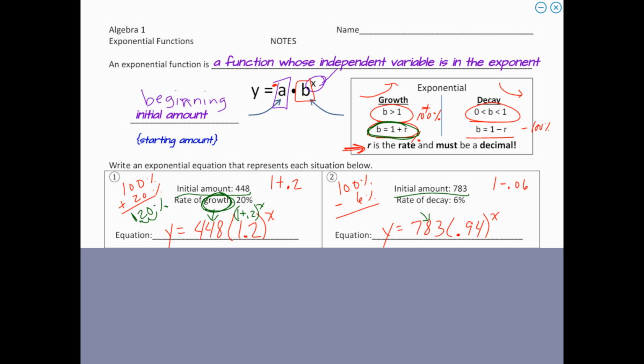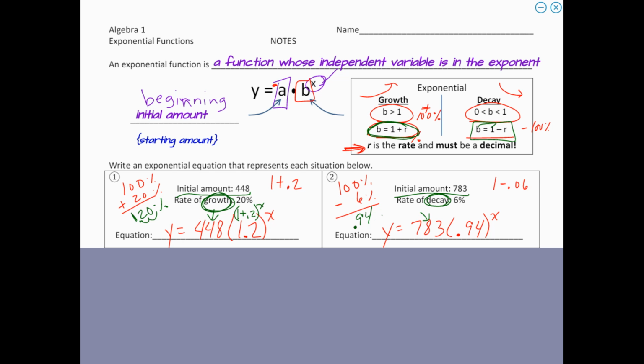Over here, since it was decaying, it was a subtraction. Same thing, you use this up here: 1 minus the rate that it's decaying. So 100% minus 6% gives me 94%, and if I change that to a decimal, it's 0.94. When you change it to a decimal, you don't need the percent anymore.